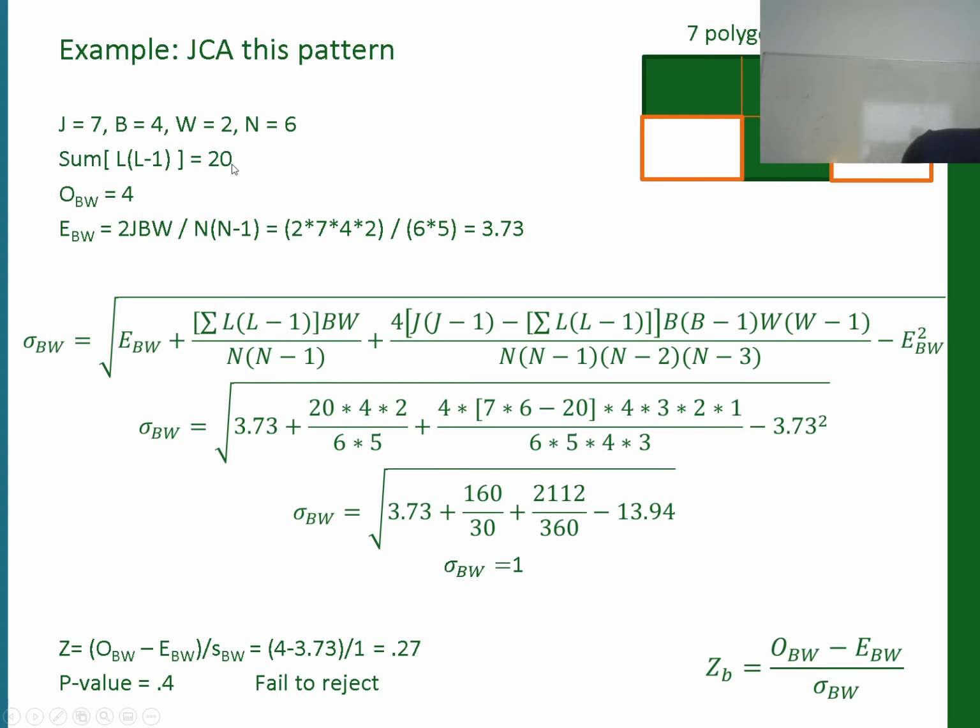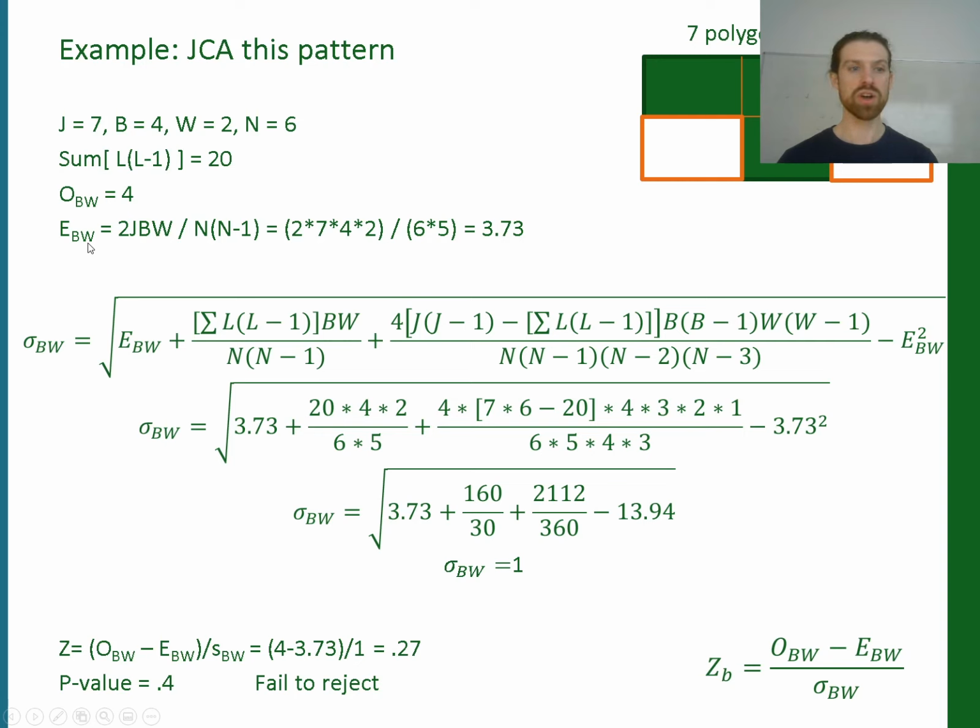Okay, so they also show that in the book, which you can take a look at. Hopefully that's clear for you to see. So I've given you the Excel demonstration, and I've shown you where in the book you need to look to understand that. Okay, so we need to get the observed number of black and white joins. So the observed number here is 4.